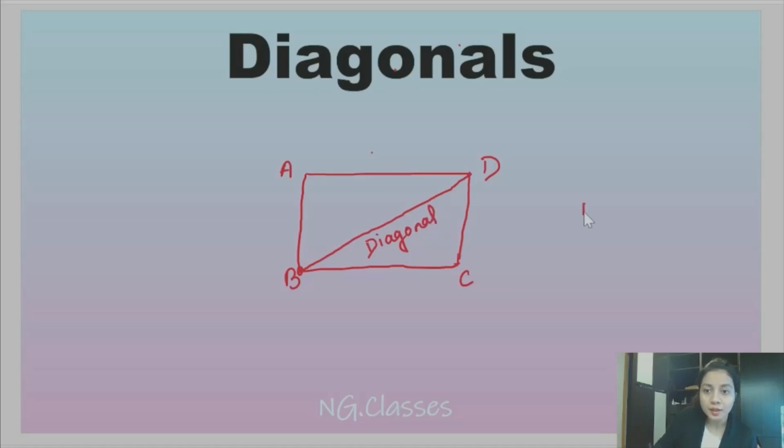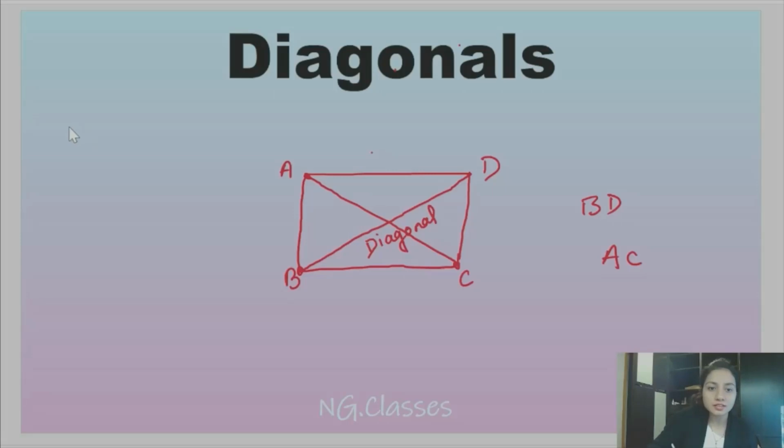So we got BD as a diagonal. Now, can we get any other diagonal here? Yes, if we connect this A with this C, these two vertices are non-consecutive. So connect it. This AC is also a diagonal of this polygon.